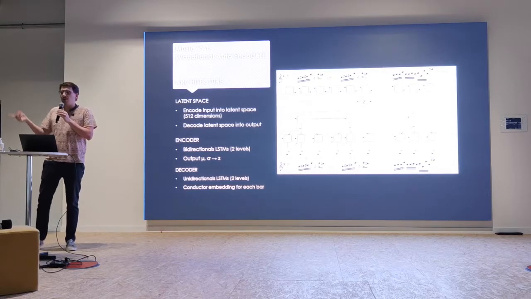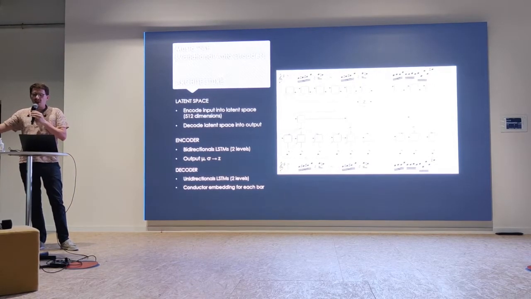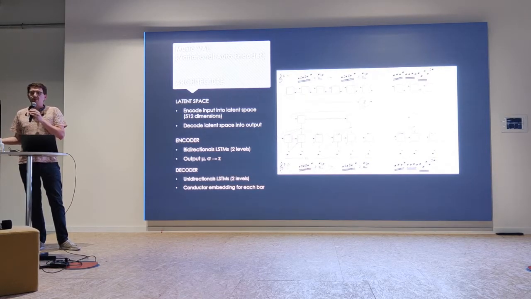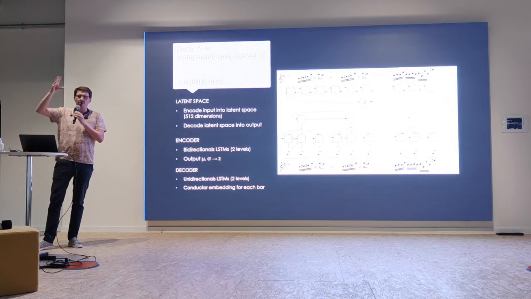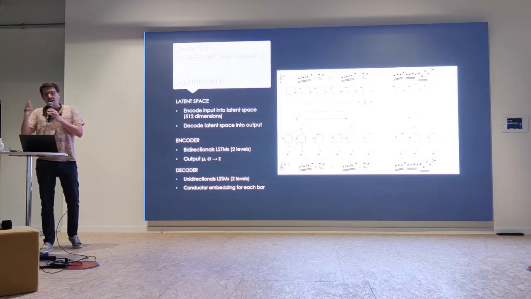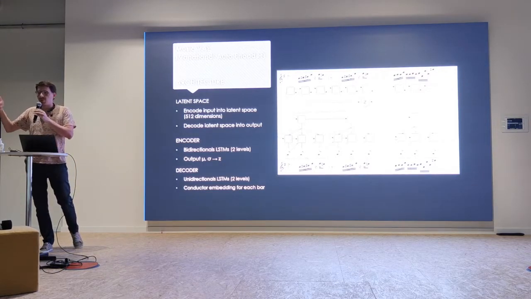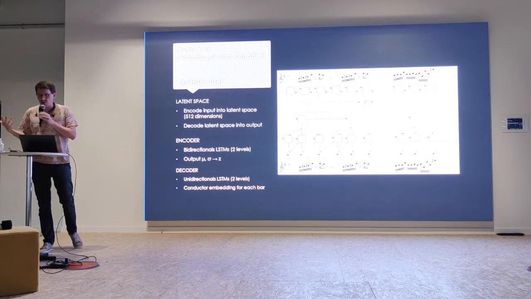Because what they found out is that if you just take a unidirectional LSTM, a lot of information is actually lost from the latent space. So they just split it up again for each measure, make an embedding, and from that you can feed it into an LSTM and get out whatever it is that you want to get out. Melody, drum line, or whatever.